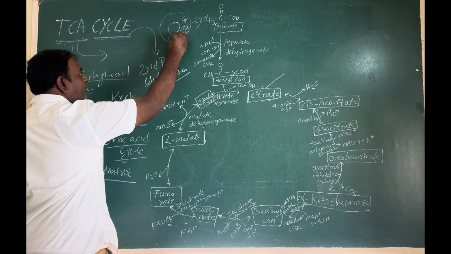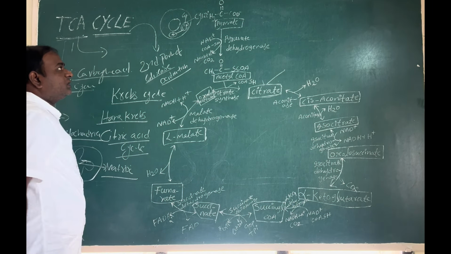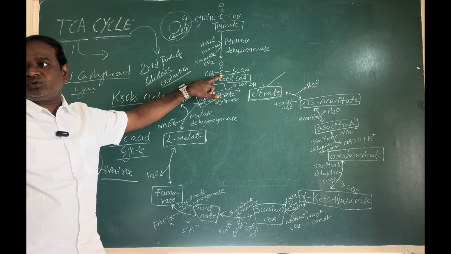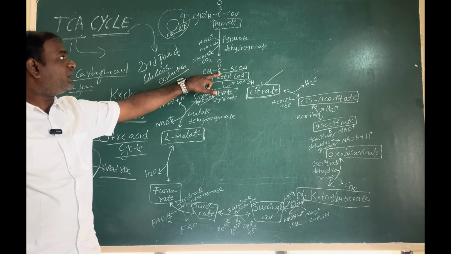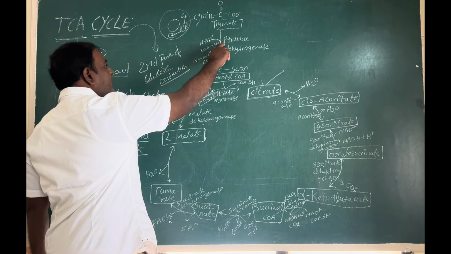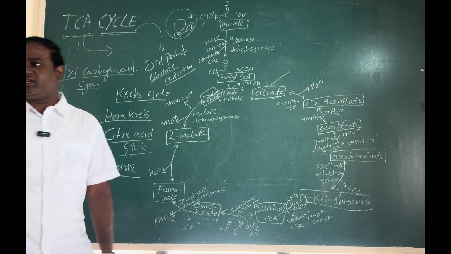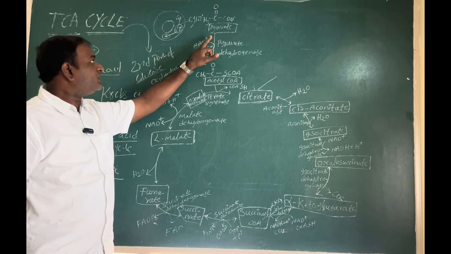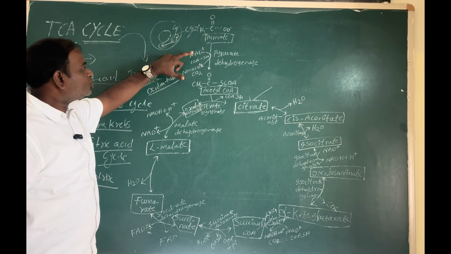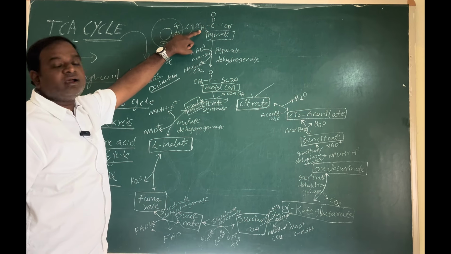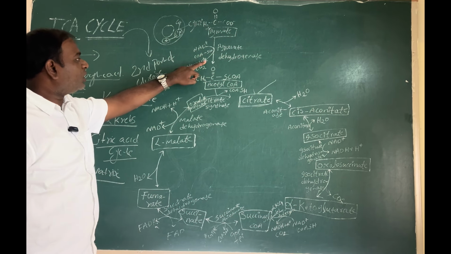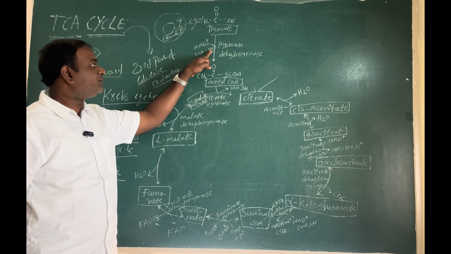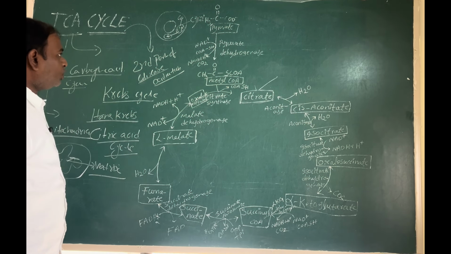After pyruvate enters the mitochondria, the first reaction that happens is pyruvate being converted into acetyl CoA, in the presence of the enzyme pyruvate dehydrogenase. As you know, dehydrogenase means removal of hydrogens. That is, 2 hydrogens are taken from pyruvate by NAD, which is converted into NADH plus H plus, in the presence of CoA to form acetyl CoA.